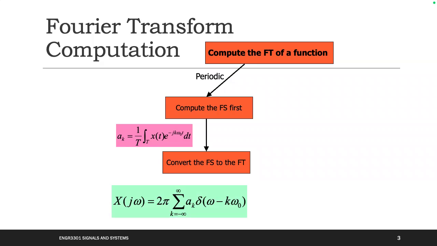Do you remember? We talked about this. This is for the periodic signal. For aperiodic signals or functions, if you want to compute the FT, what equation will you use?